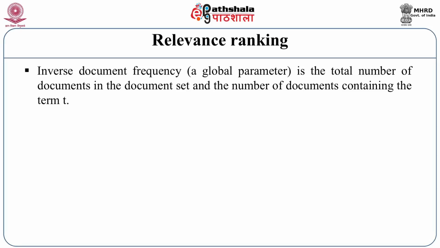So now I'll explain the inverse document frequency. The inverse document frequency, which is a global parameter, is basically a fraction, that is, the fraction between the total number of documents in the document set and the set of documents where the term has actually occurred.